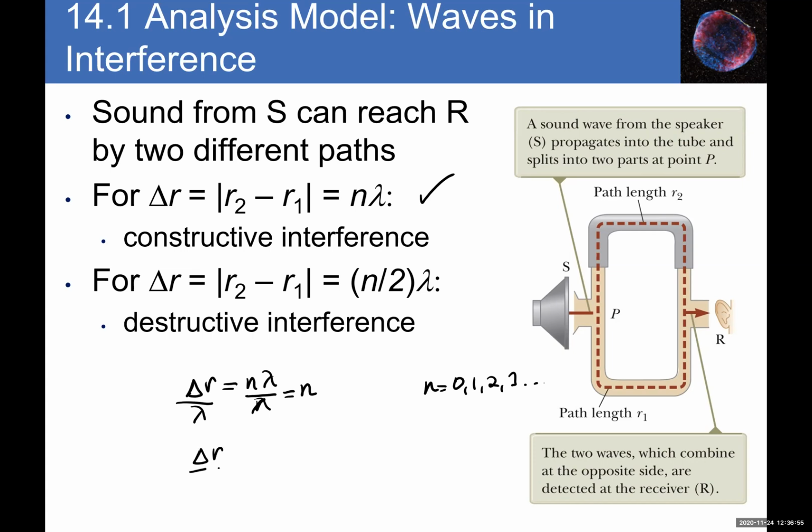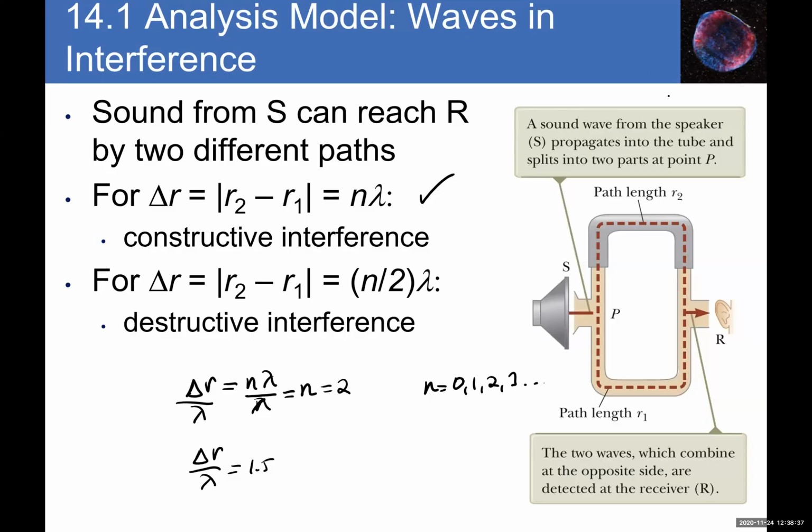But if I get delta R over lambda, let's say I get 2, that means it's constructive interference. But if I get, for example, 1.5, that means this is now a destructive interference, in terms of the value that we get.